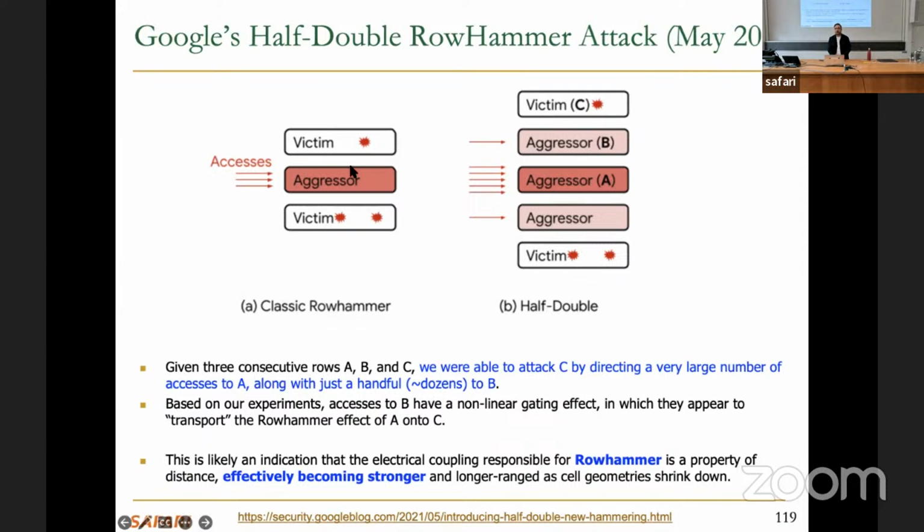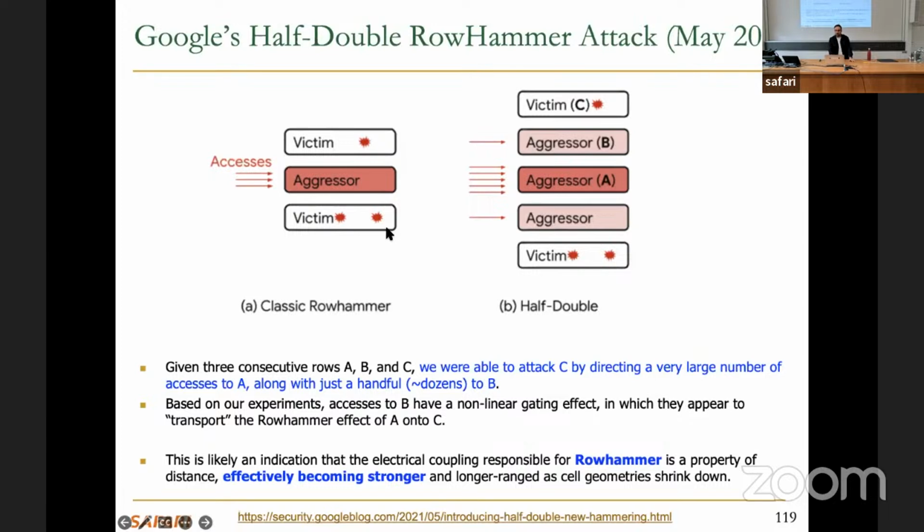Once you have the on-die TRR mechanisms implemented inside the DRAM chip, what happens is that since you hammer this aggressor row quite frequently, they keep refreshing these victim rows, right? So you do not observe bit flips in these victim rows.